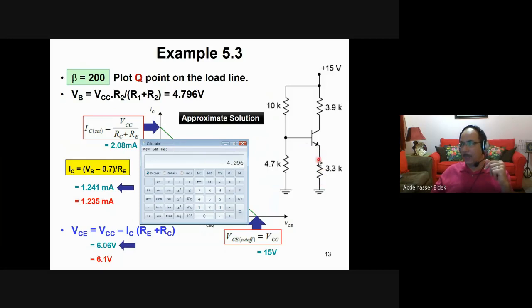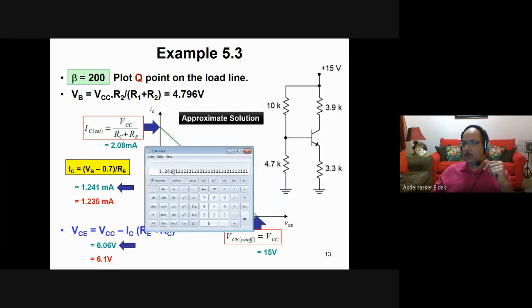Okay, so if you want to calculate IC, it is this voltage divided by 3.3k. Then this will be the current here, 1.241 milliampere. The solution in the previous slide was 1.235 milliampere. You see that they are very close to each other.